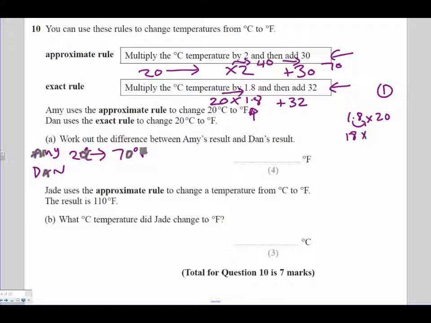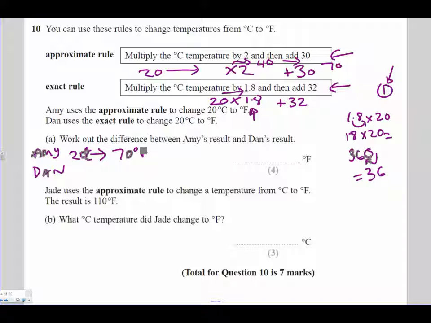So it becomes 18 times 20. Now when you're multiplying by anything with a 0 on, just do 18 times 2 and then stick the 0 back on later. So for example, 18 times 2 is 36 and then add the 0. So 18 times 20 is 360, but don't forget to move your decimal point back. So 1.8 times 20 is 36.